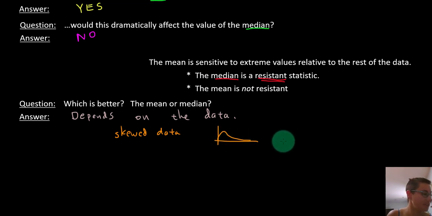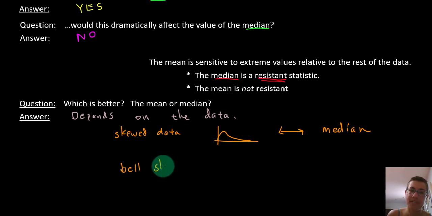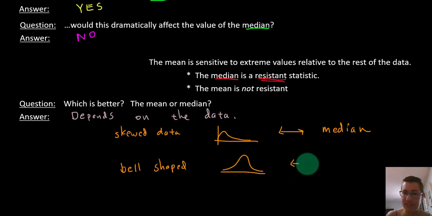So for skewed data, you probably want to use the median as some measure of center. But for bell-shaped, classic symmetric data, you can use either the mean or median.